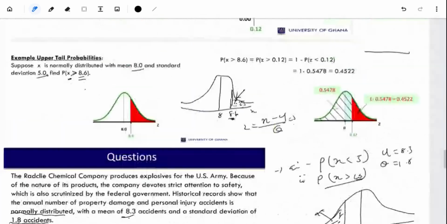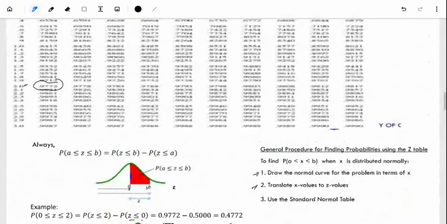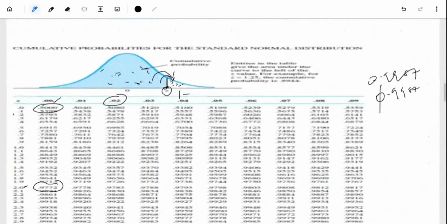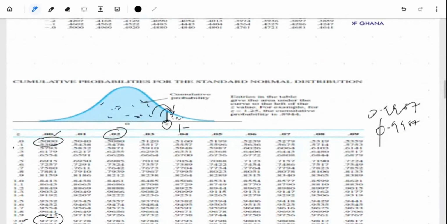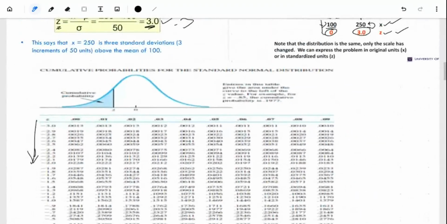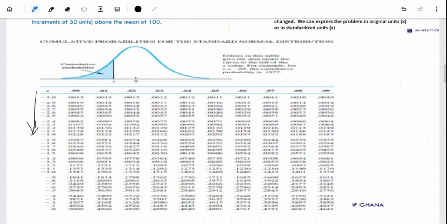So let me give some explanation on this distribution table, the Z distribution table. Most of the times, if you are not able to find this table and you find the other one, because we say they are symmetrical, which means they are the same. So if you had a positive value but you want to find the probability for a negative Z value, when you get that probability, just subtract it from 1, right?